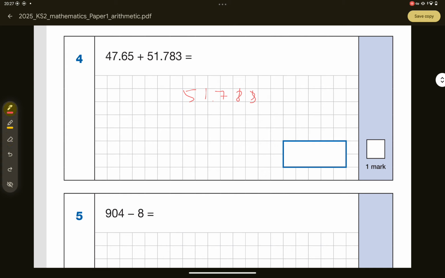Or you can just do this mentally. Yeah, I'm not going to do that method because it confuses me. Also, add a 0 if you struggle on these questions.